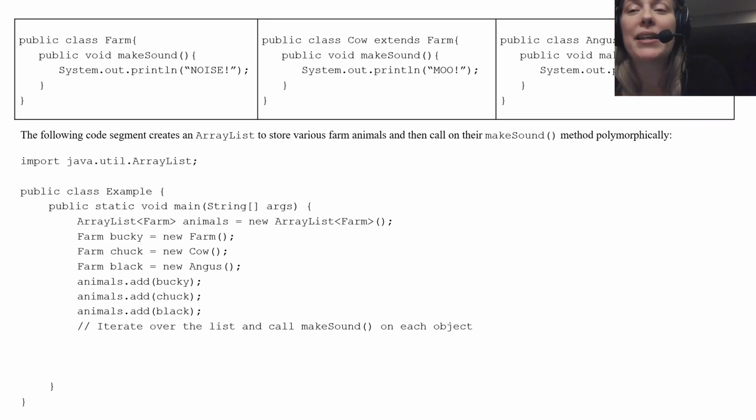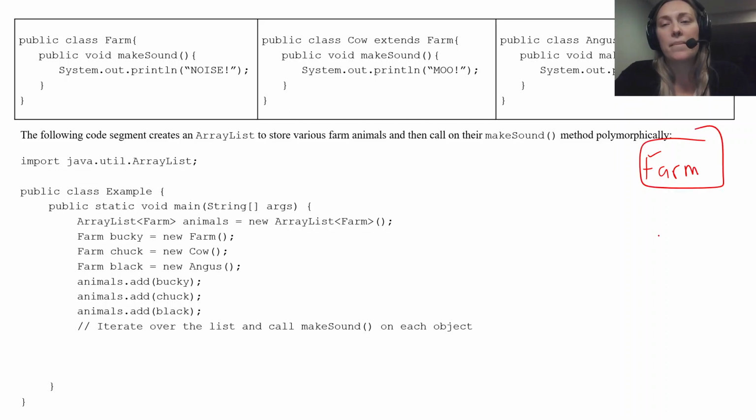And then I have public class Angus extends cow, make sound beef. Get it? Because Angus is a type of cow. So I have farm on top. Cow is a farm. And Angus is a cow.